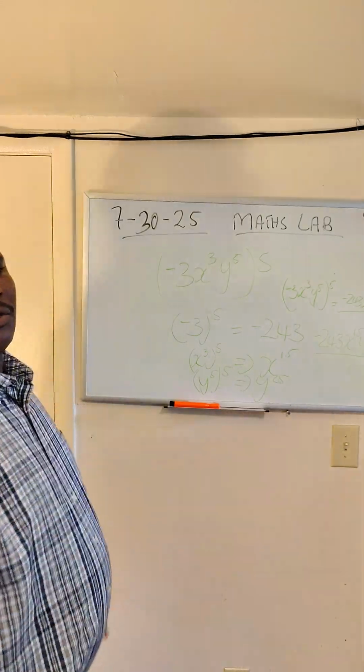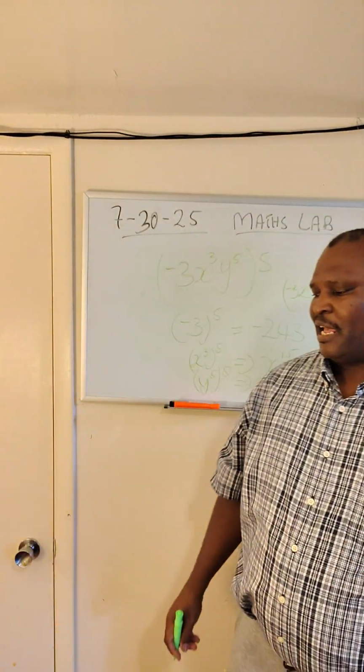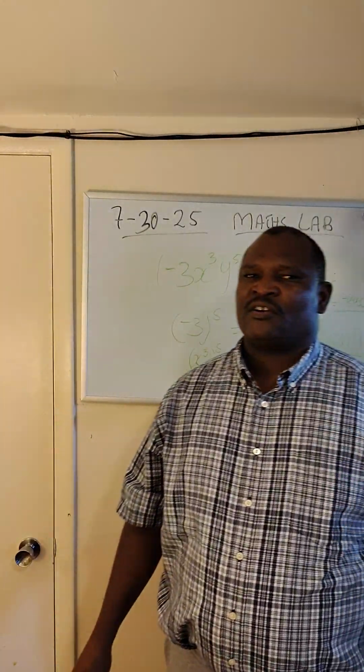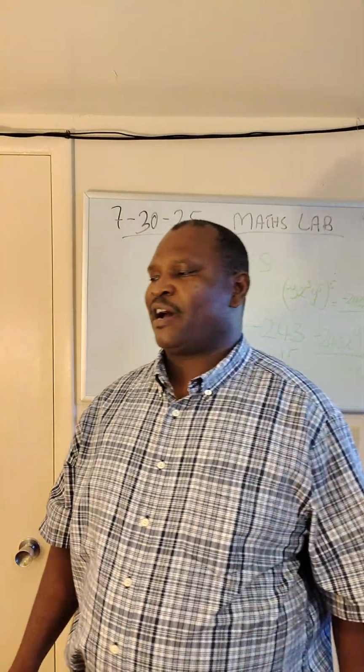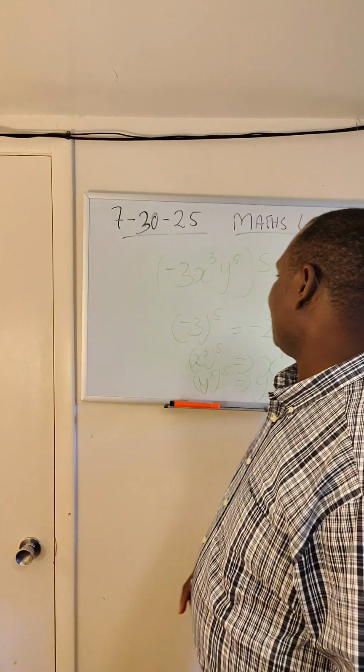So negative 243 x to the power of 15 y to the power of 25 becomes our answer.